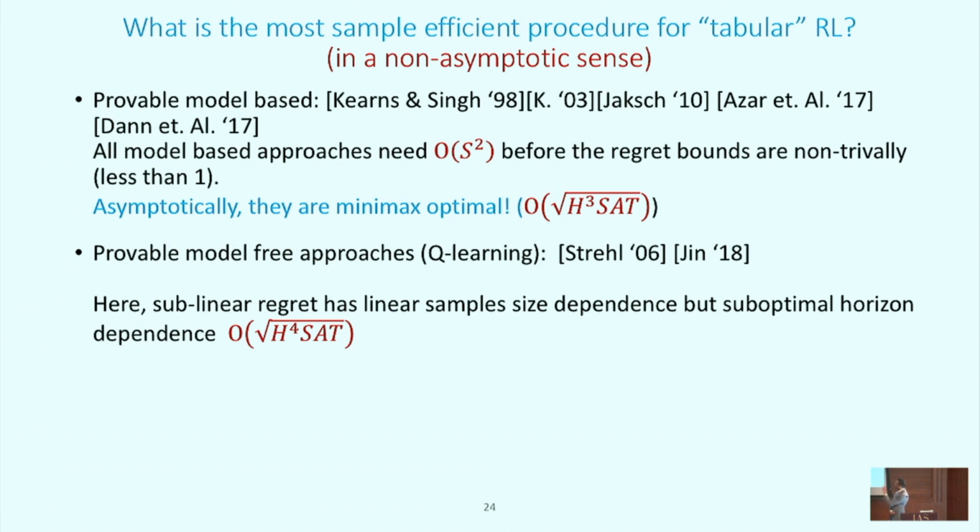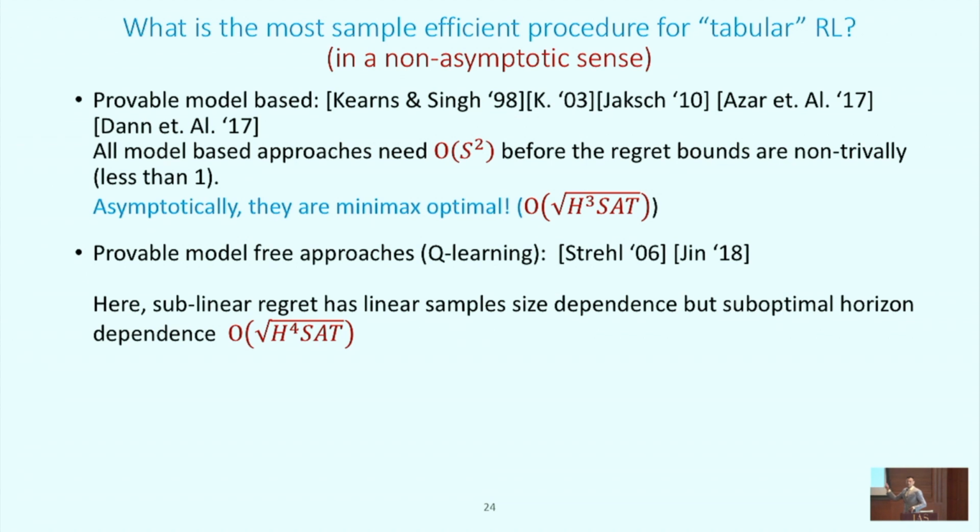Okay, so there's the model-based approaches, again, starting with a different line of work due to Kearns and Singh, and by various other people. For all of the model-based approaches, you only get something non-trivial when you collect at least order S² samples. For these bounds to be non-trivial, meaning less than 1 in terms of your regret, you have to have collected order S² samples. Okay?